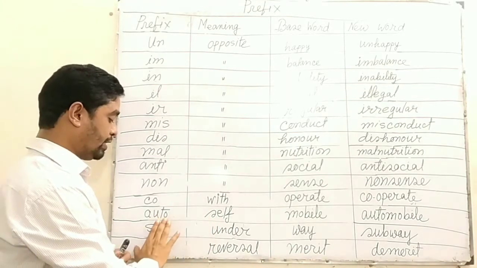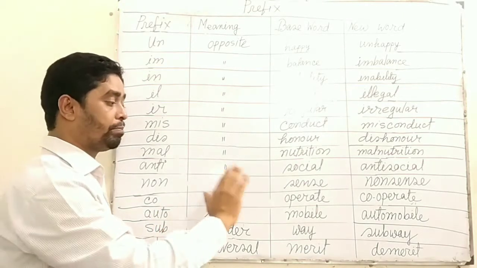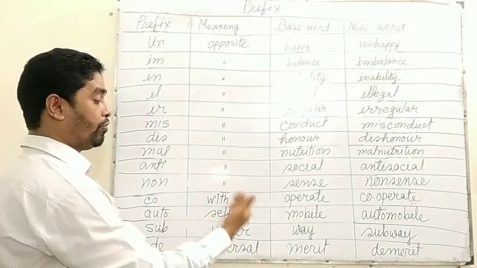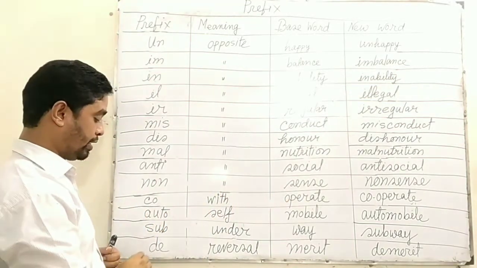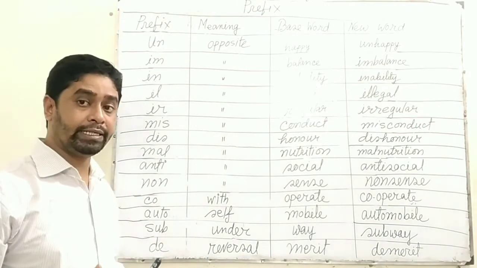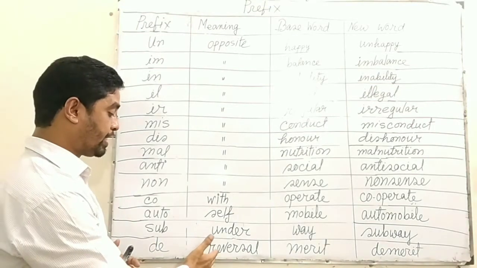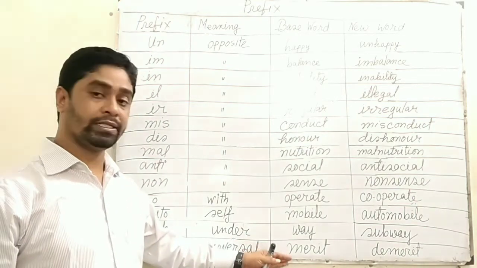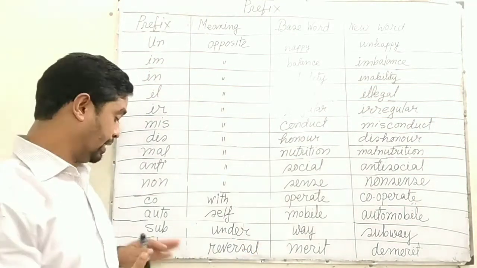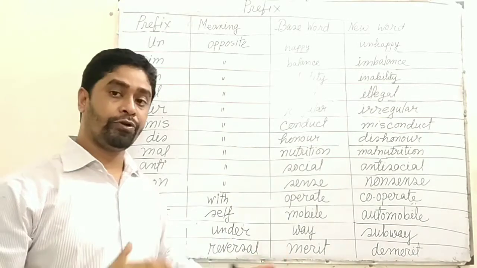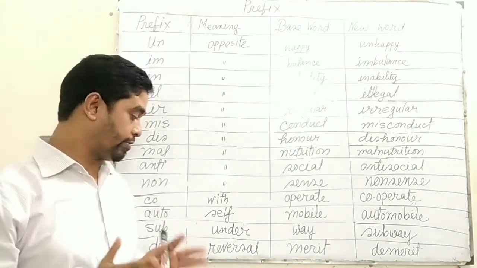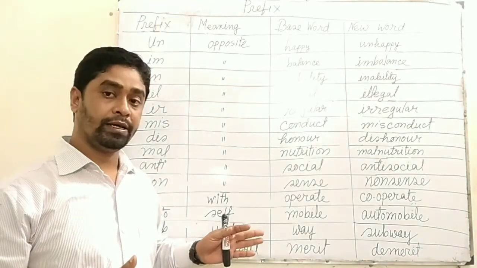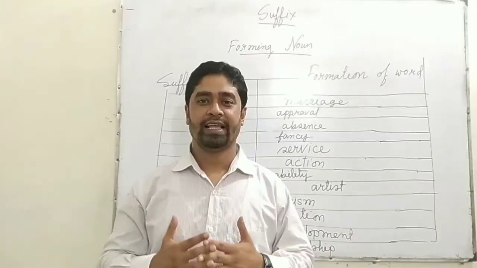If we add sub before way, then it creates under the way, subway. Last, de. It expresses reversal, like merit. If we add de before merit, then it creates the reversal, like demerit.